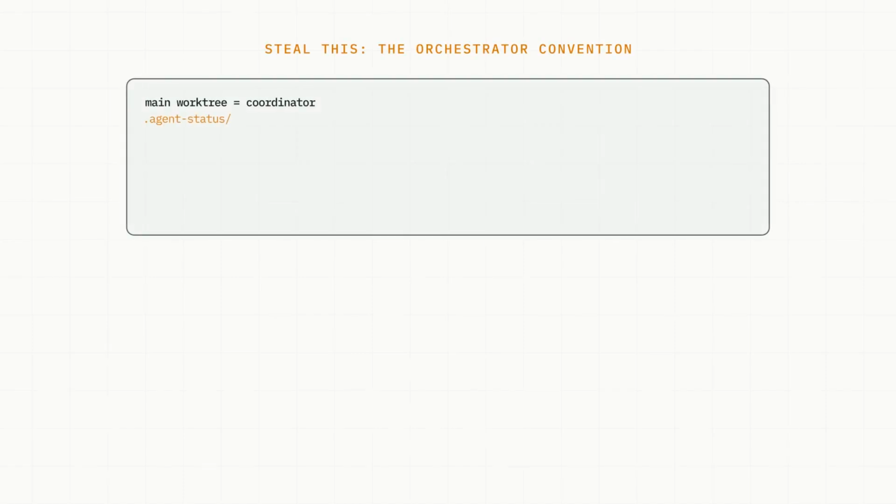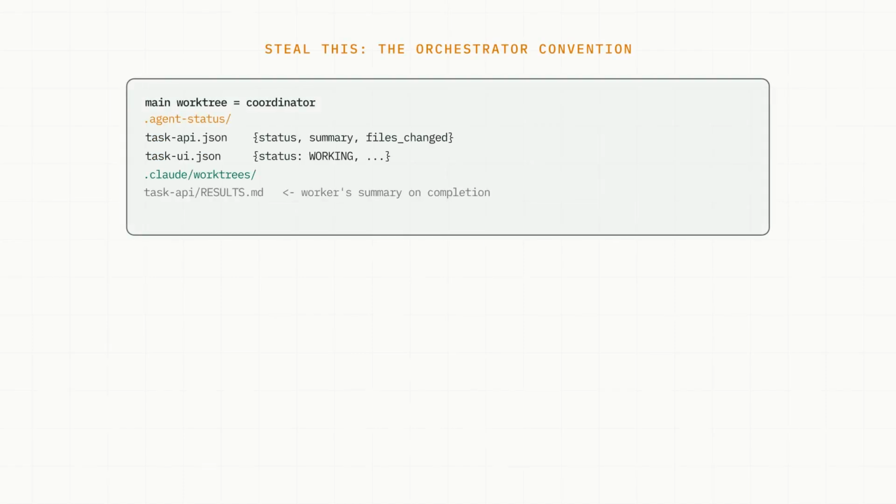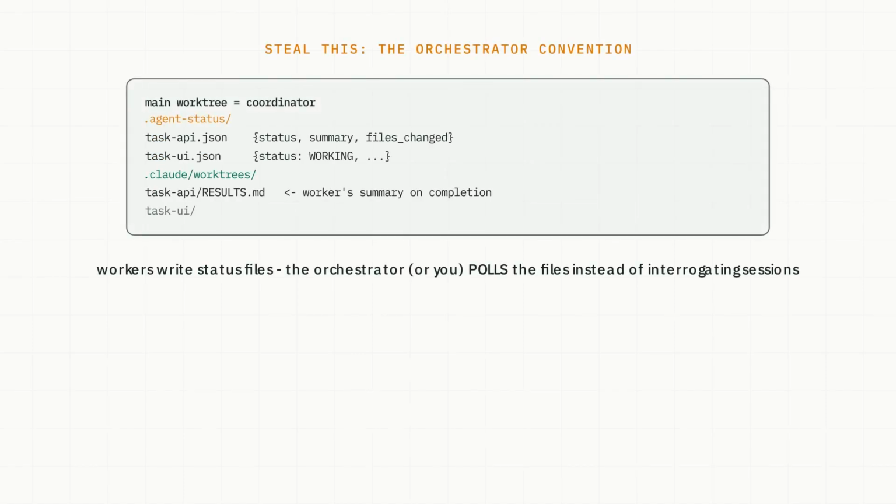The coordination pattern the community has converged on is worth stealing even if you build nothing else from this video: the orchestrator convention. The main worktree acts as coordinator. Each worker writes a small status file as it progresses, a few fields, state, summary, files changed, and drops a results summary in its workspace when done.